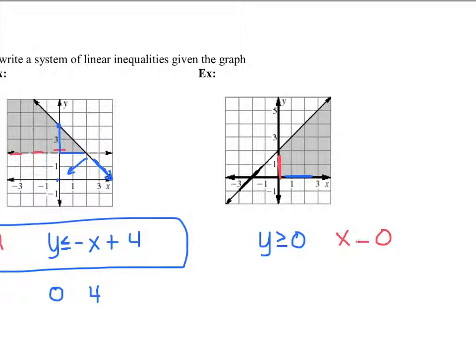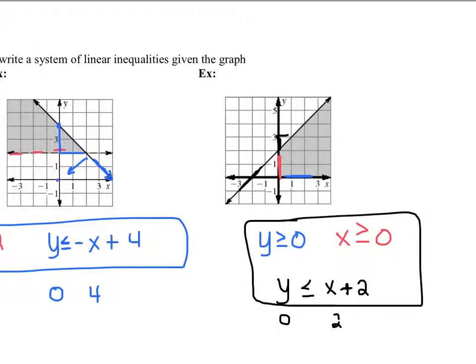It is solid, and it's shaded to the right, so greater than or equal to 0. And the black line has a y-intercept of 2 and a slope of 1. And it's shaded with the origin, so that would be 0 compares to 2, so that way it's true, less than, and it's solid, so or equal to. That's that system.